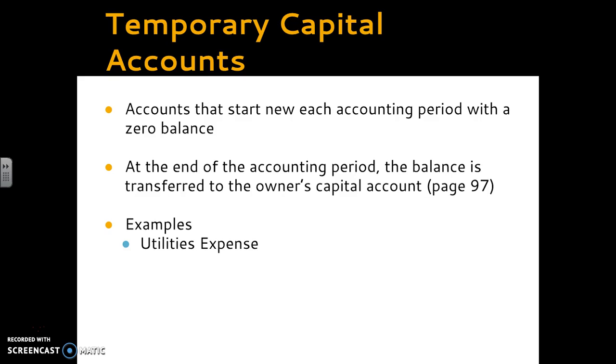One common mistake that a lot of accounting students make is forgetting to put expense on. Utilities is not the account. You have to include the expense so that we know the classification of the account. So utilities expense, advertising expense, rent expense are all examples of temporary capital accounts.